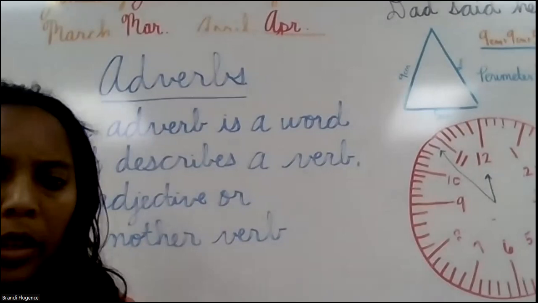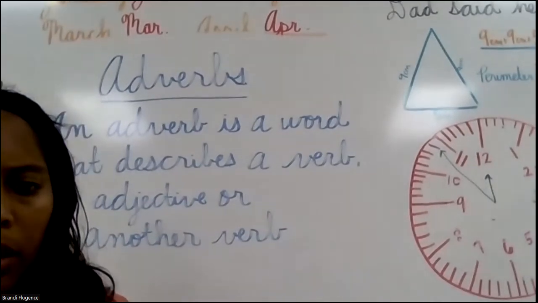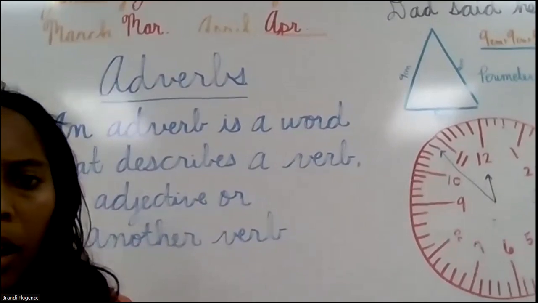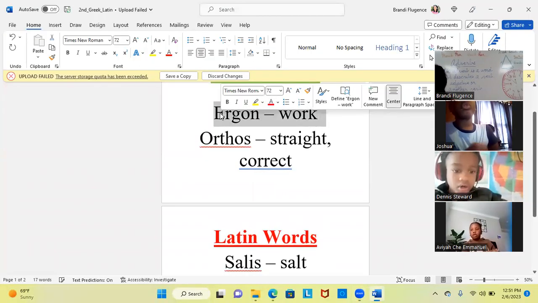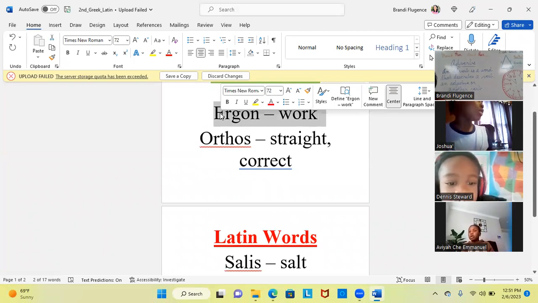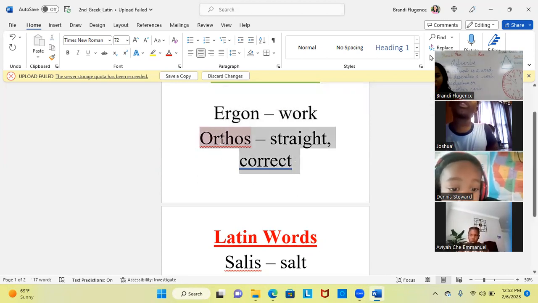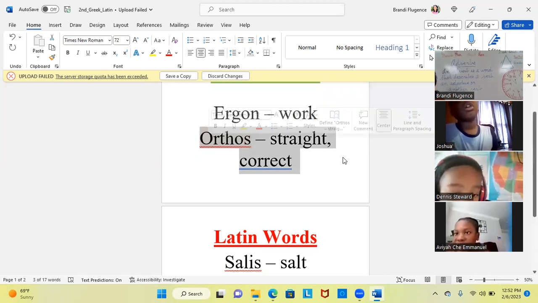All right, let's look at your Greek and Latin for this week. What are your Greek words? Ergon. Ergon means work. Orthos means straight or correct, like orthodontist.